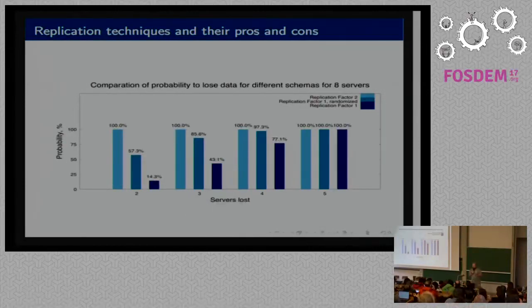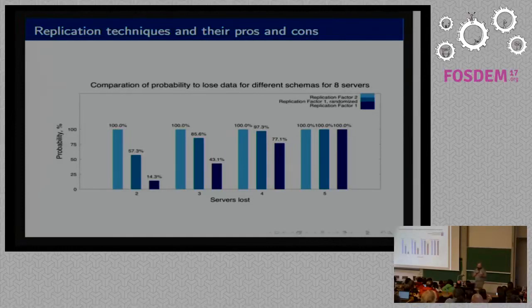Another graph is the probability to lose data in case of server failure. With replication factor 2, if any two servers fail, you will lose something, so you will lose this 3% of data. And with replication factor 1, the probability of losing two same servers is around 14%.